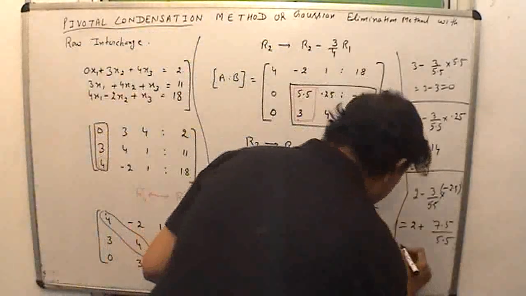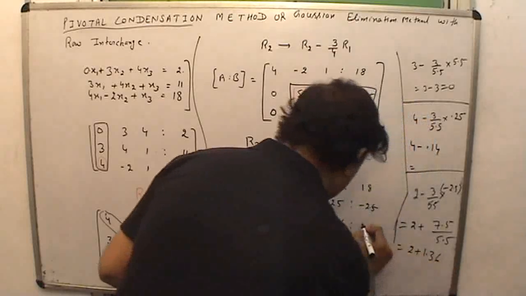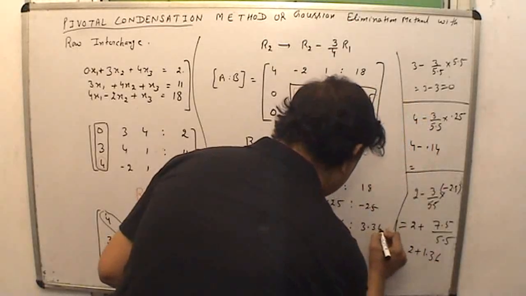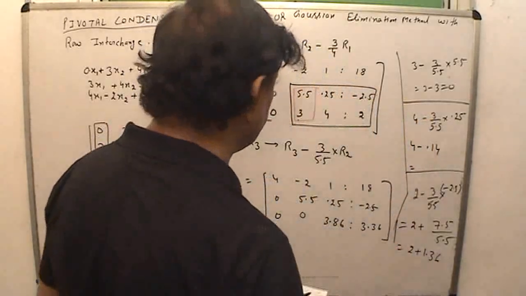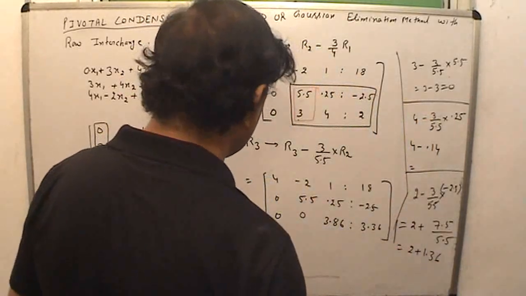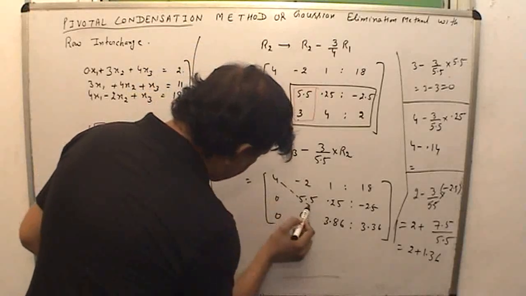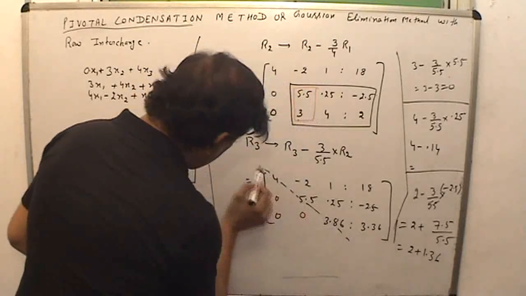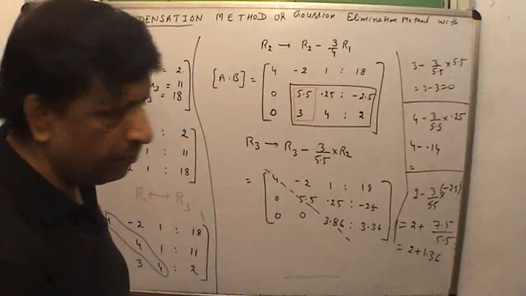It will come, that is equal to 2 plus 1.36, that is 3.36. Now our objective is solved, our purpose is completed, that this lower triangle has become 0.